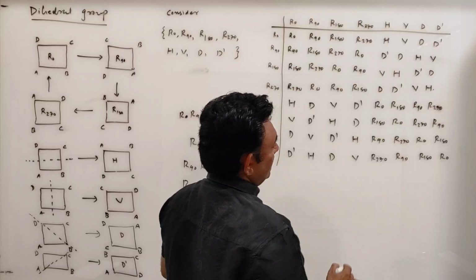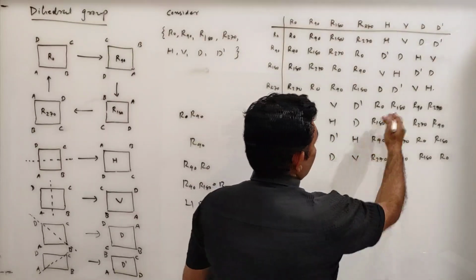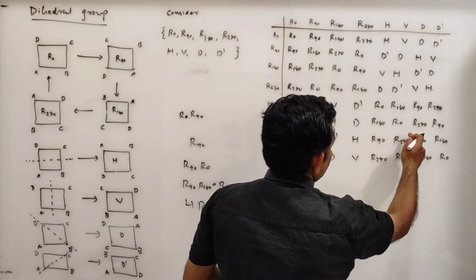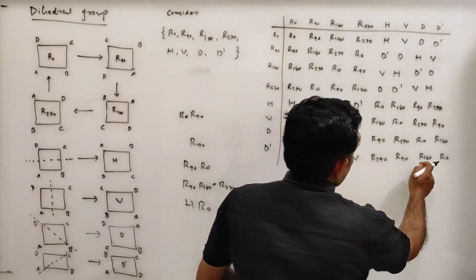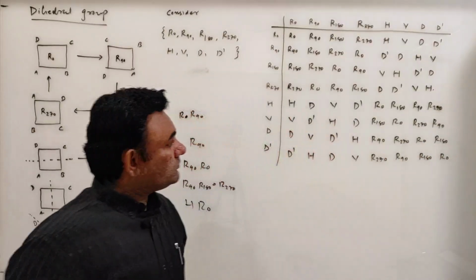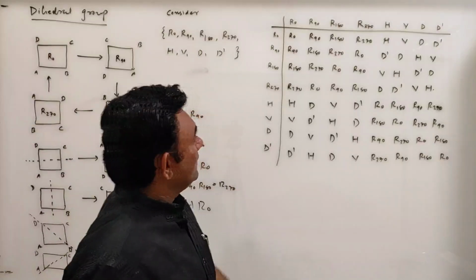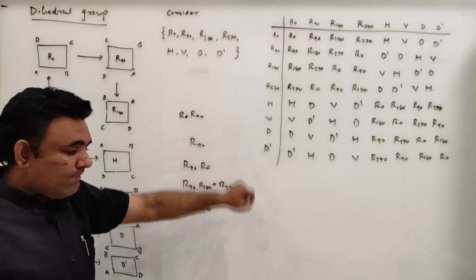So what is the pattern in this block? The diagonal is R0 and it is symmetric. See, R180, R180, R90, R90, R270, R270, and R180, R180. So that is a symmetric block, as a symmetric matrix, right? So this is the computation table of this set.